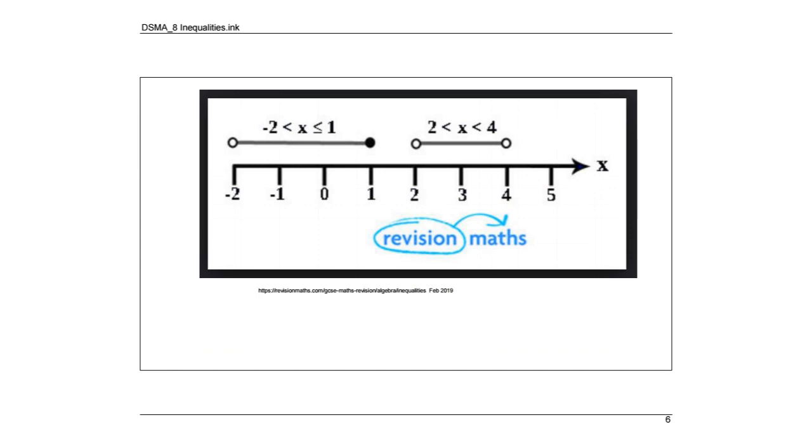Now, in those examples we've looked at so far, there was an arrow pointing one direction or another. And so that means that we had a very large solution set. Sometimes we have endpoints, right? So this first one is -2 is less than x is less than or equal to 1.